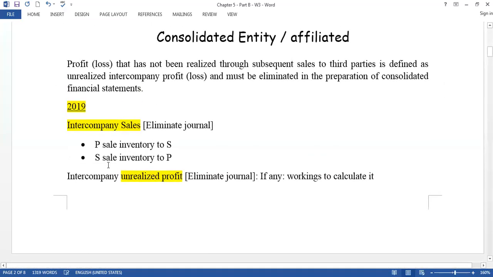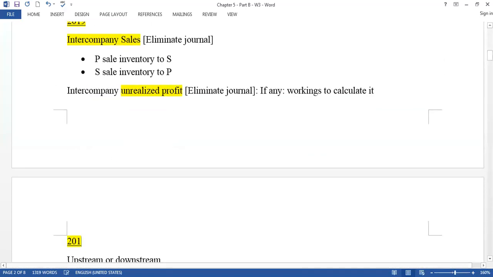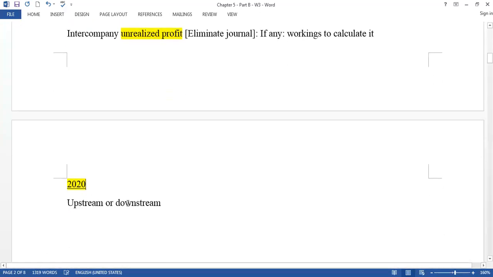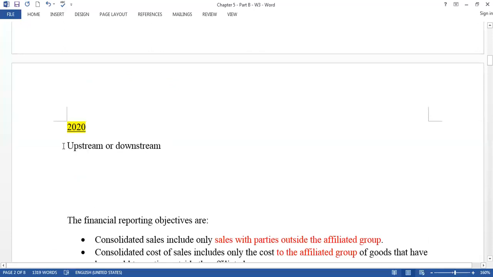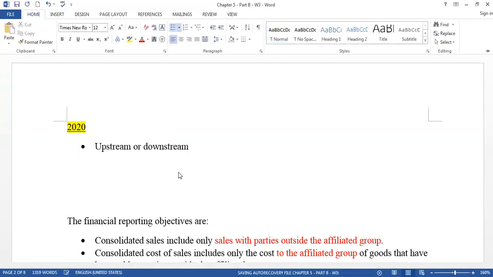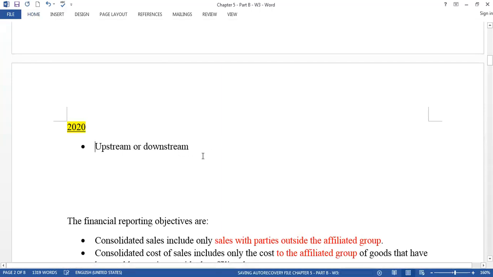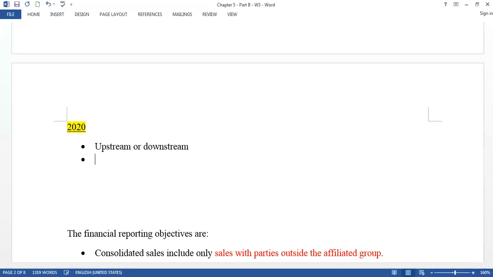When we go to the next year, you have to find out whether it is upstream sales or downstream sales. And you have to find out whether it is cost method or whether it is equity method.